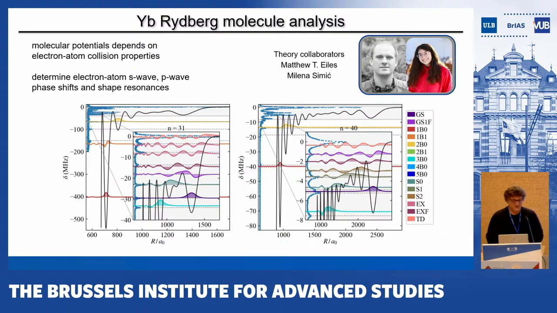Here we are talking about a few thousand Bohr radii distance between these two cores. And the Born-Oppenheimer potential turns out to be really determined by the Rydberg electron and its quantum mechanical wave function, its shape. So these wiggles in this Born-Oppenheimer potential are really the wiggles of the electron wave function, which you can see here.